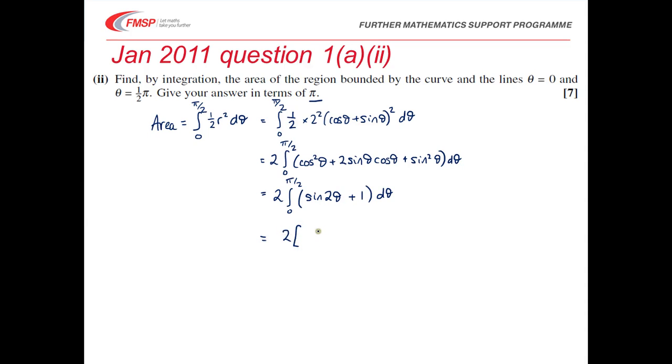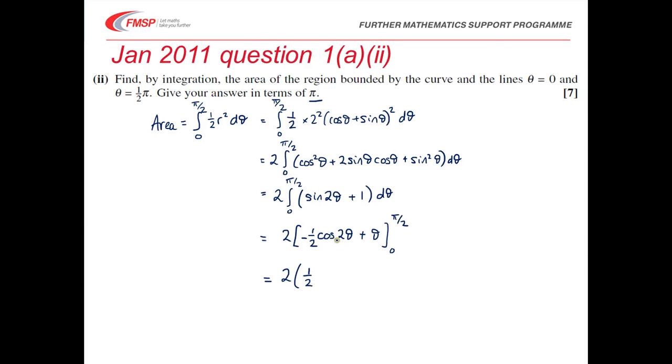Integrate sine 2 theta and I get cos 2 theta, broadly speaking. Check by differentiating, I'm going to need a minus sign and a half in front of there to make sure that when I differentiate that I get back to sine 2 theta. And then integrating 1, I get theta. Then substituting in the limits, I get cos of pi is minus 1, so a half times minus 1 is plus a half.